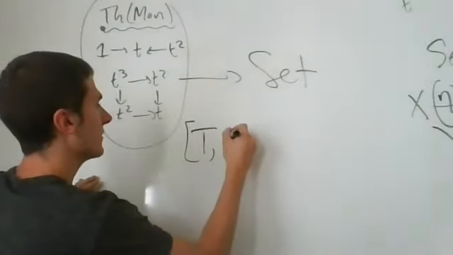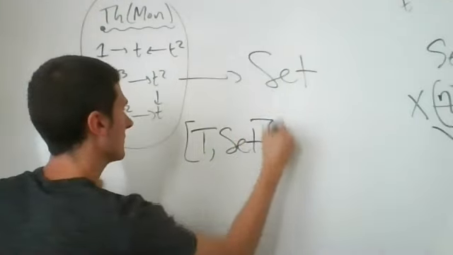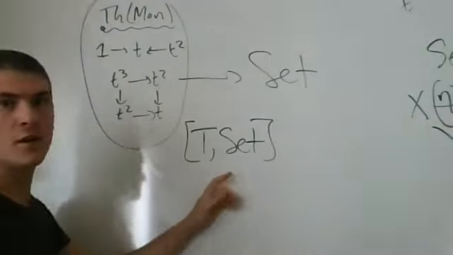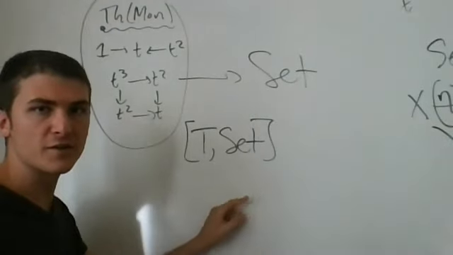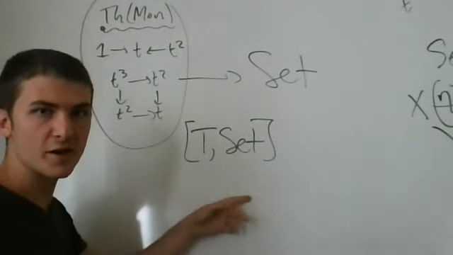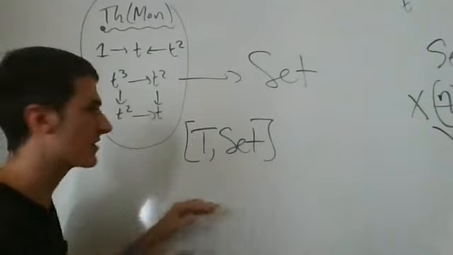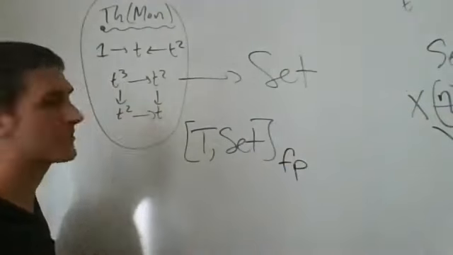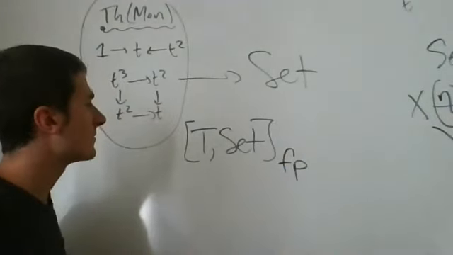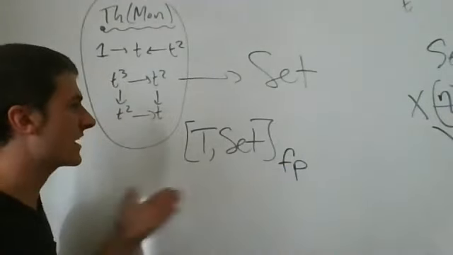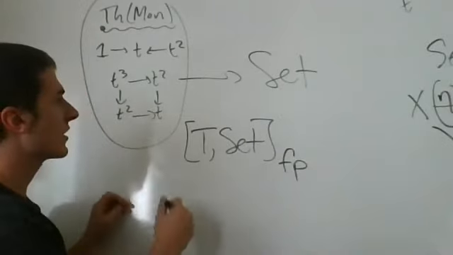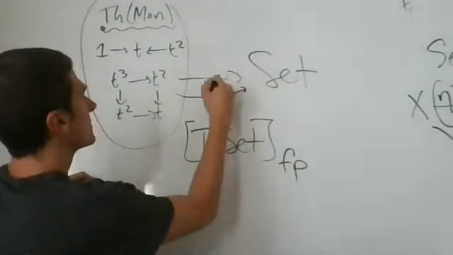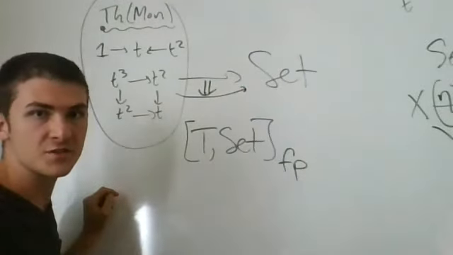So from the theory back to Set, and remember, we only want to think about functors that preserve products, because everything in our theory is defined by products. So this is the category of models where the objects are functors, and then the morphisms are natural transformations between those.